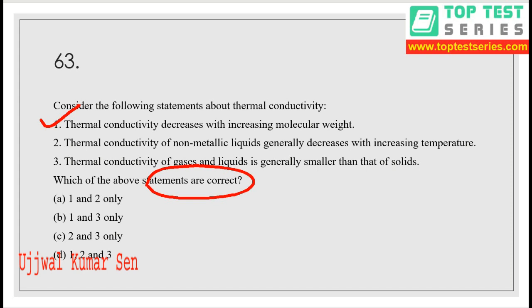Other than this, for gases thermal conductivity will increase if temperature increases. For liquids, thermal conductivity will increase if temperature increases. For solid metals, thermal conductivity will decrease, but for aluminum, it will not decrease, and for mercury, it will not decrease. So in this case, option D is the correct answer for this question.